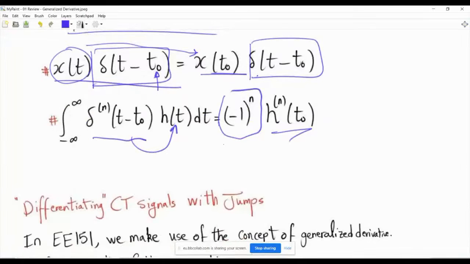Now, in signals and systems, and especially when we take Fourier analysis, we will talk about differentiation, and there will be a rule for differentiation that is very useful. In signals and systems, we do not use, in many cases, the classical concept of differentiation.